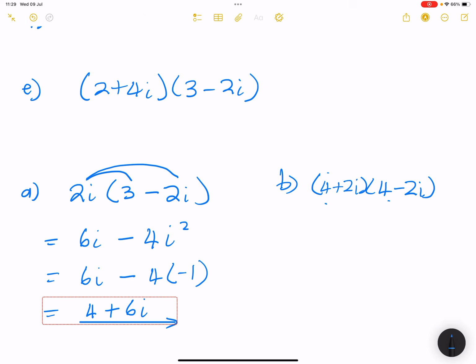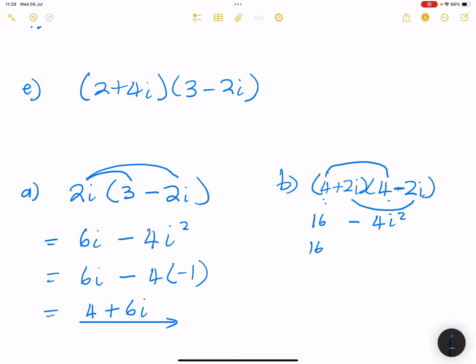So all I'm going to do is take the square of the first terms, 4 times 4, that's 16, and subtract the square of the last, that's minus 4i squared.